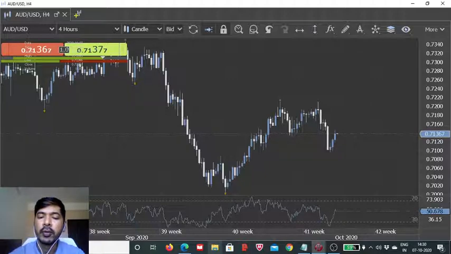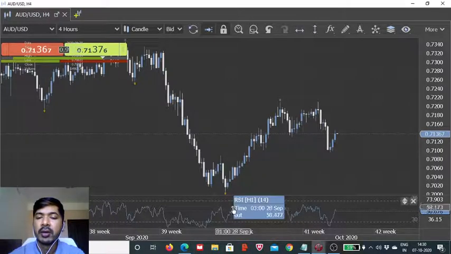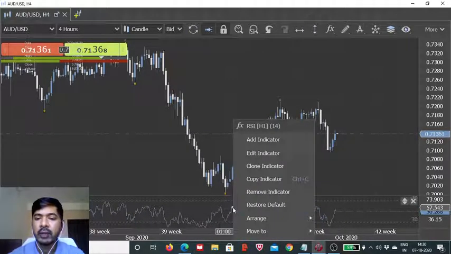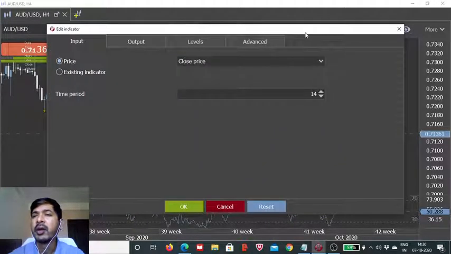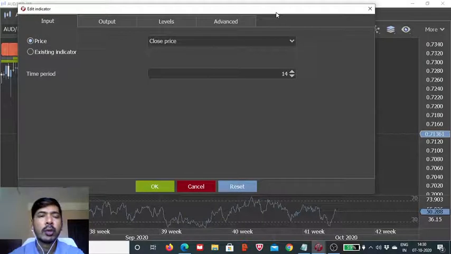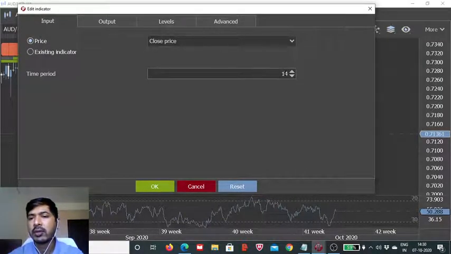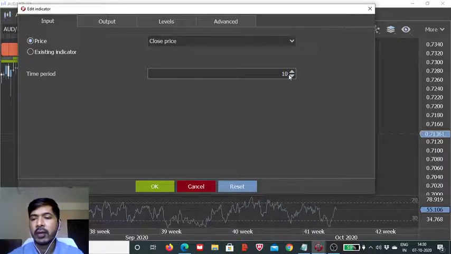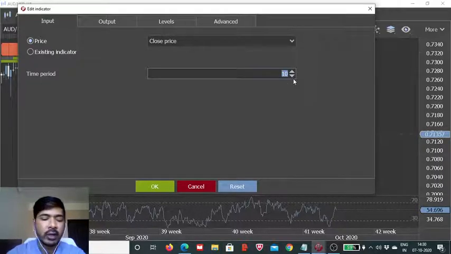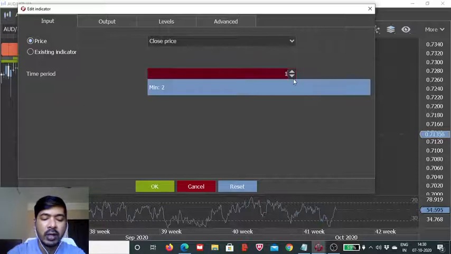And also we can change this time period for calculation of the RSI. We can reduce it, we can increase it, and please observe the plotting of the RSI as I change the values. If we calculate the RSI for 10 candlesticks, then this is somewhat different from the calculation with 14.